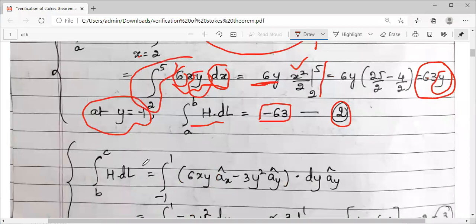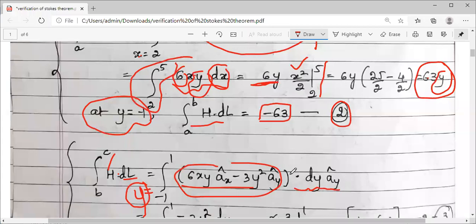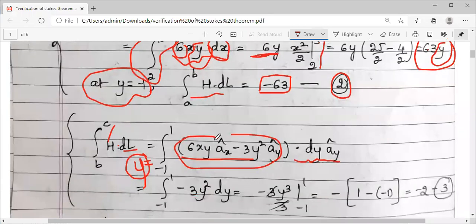So when you integrate, sorry, I have not mentioned, y goes from -1 to +1. H is there in the formula, it is given to you. Dot dl. Since y is the variable, I am taking dy a_y. This time, when you go for the dot product, the first term a_x dot a_y becomes 0 because of the 90 degree angle.